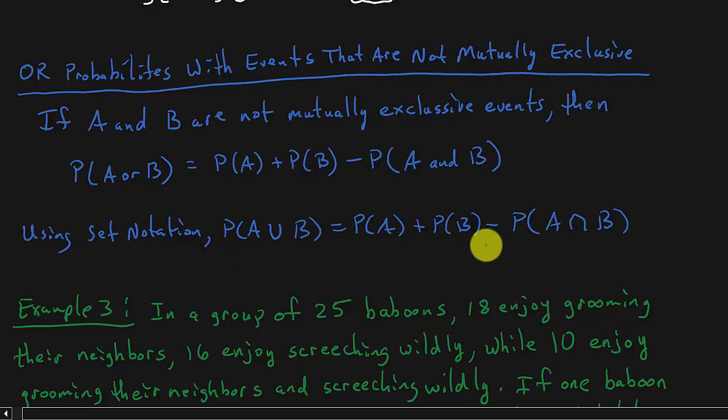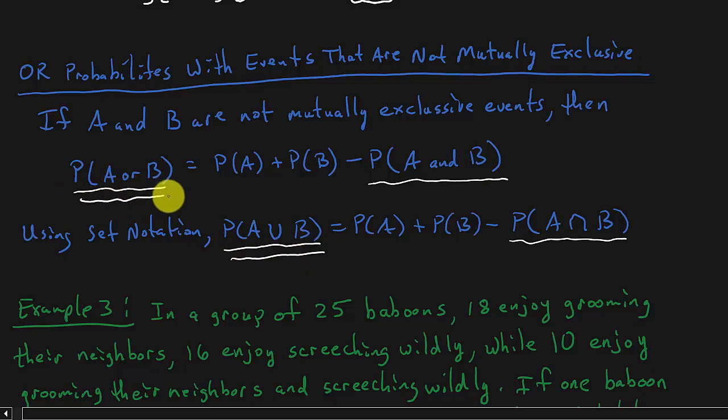And then once again, using the set notation, the probability of A union B is equal to the probability of A plus the probability of B minus the probability of A intersect B. All right, so this means the same thing as this, and this means the same thing as this.